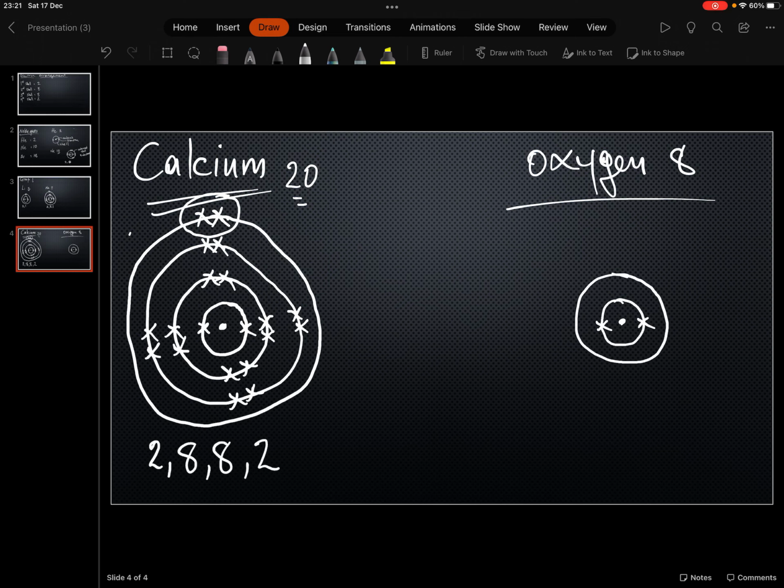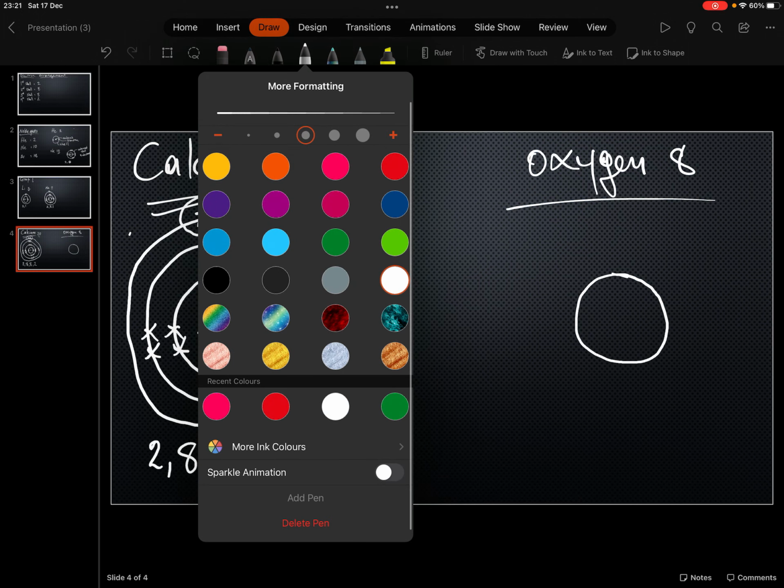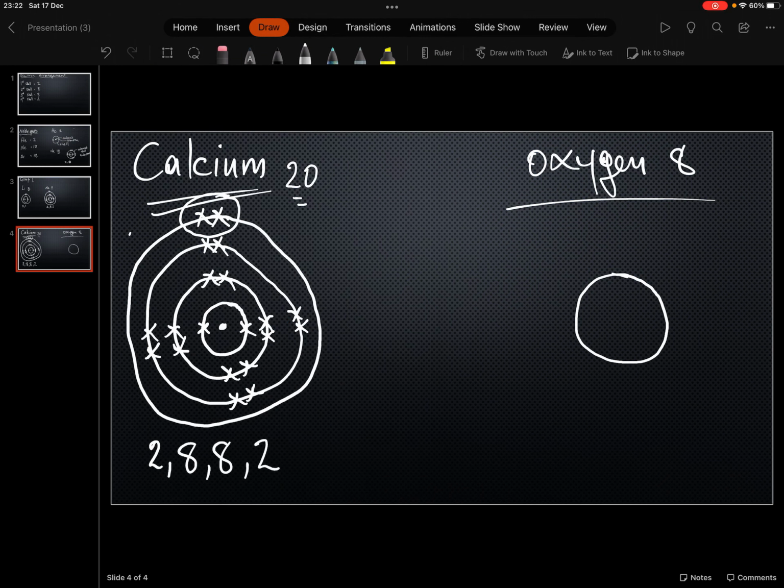I'll use dots to represent the electrons instead. So I'll need 2 shells and a dot in there for the nucleus.